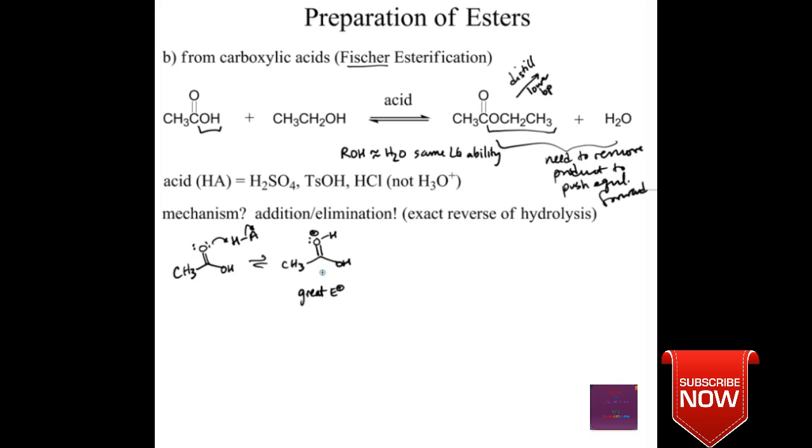So we'll start by protonating the carbonyl. Now we have to find a nucleophile. Of course, our nucleophile is our alcohol, maybe even our solvent in this case. And so it's going to attack the carbon and break the pi bond as usual.